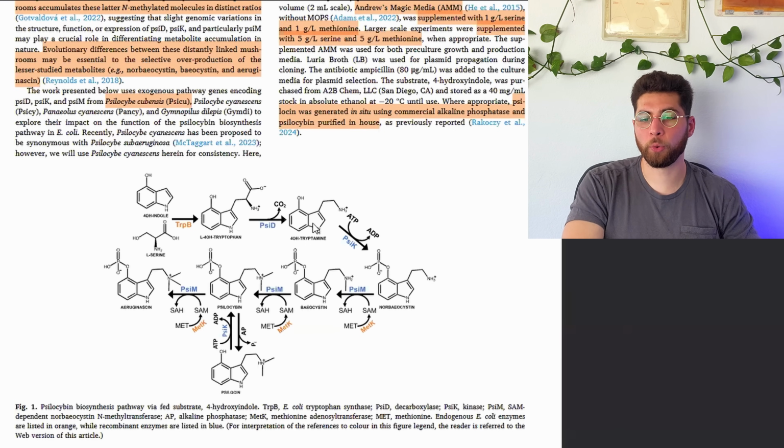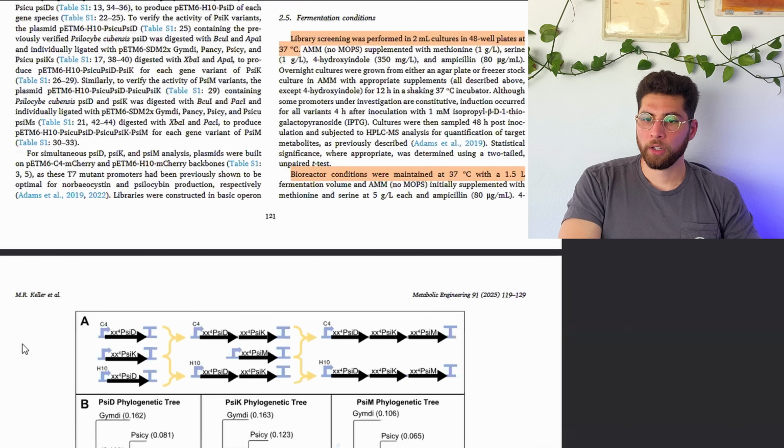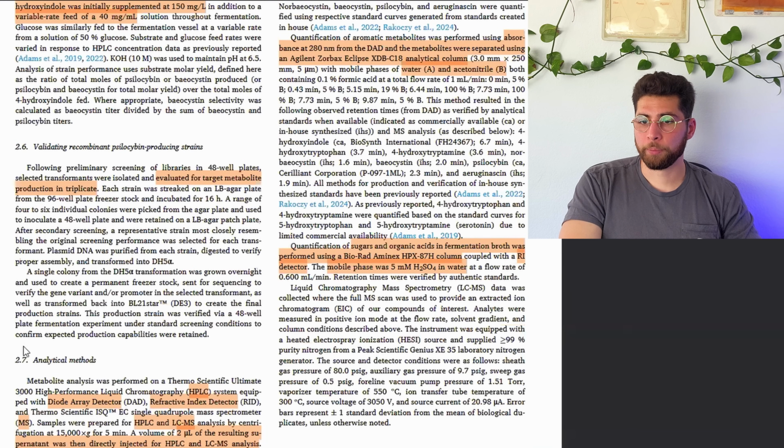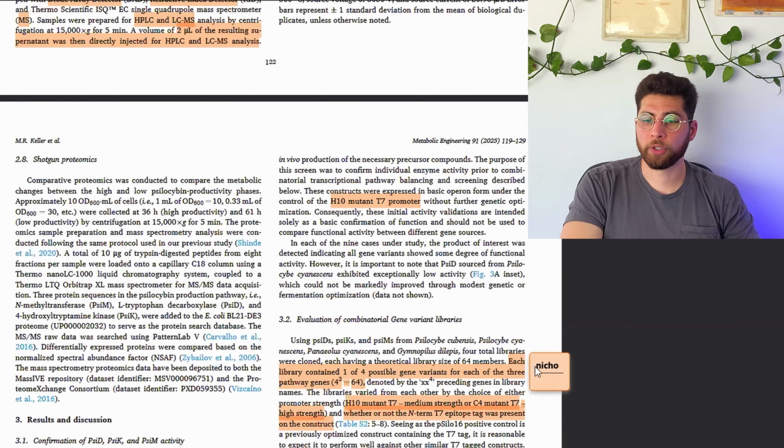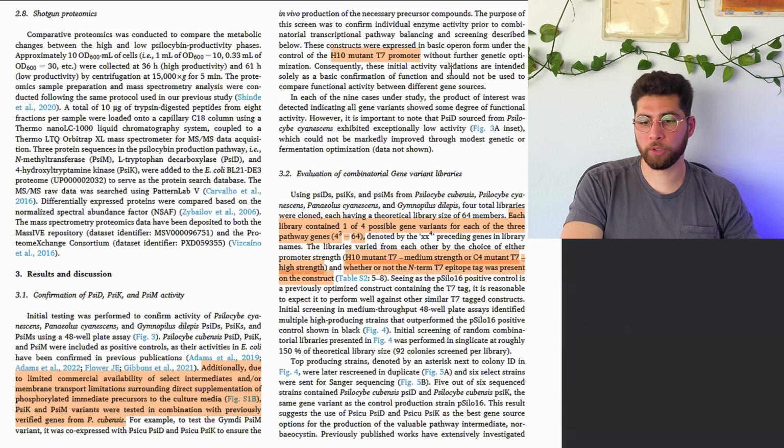And so in order to test Psi-K and Psi-M, they had to also express Psi-D and then feed 4-hydroxy indole, right? So moving on. That's important. And they're testing not only the different genes, but also different promoter sequences.